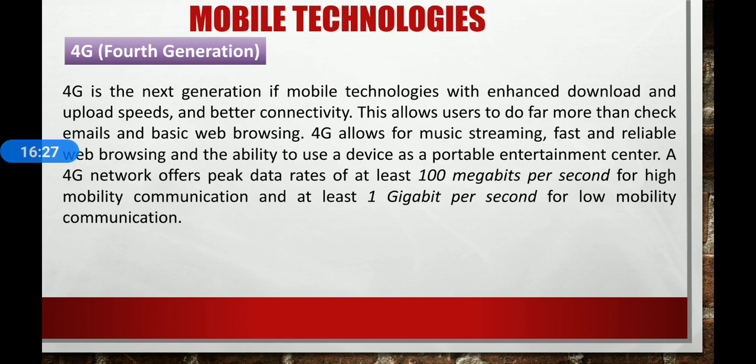A 4G network offers peak data rates of at least 100 megabits per second for high mobility communication, which means when the users are in cars, trains, etc., and at least 1 gigabit per second for low mobility communication, which means for pedestrian and stationary users.